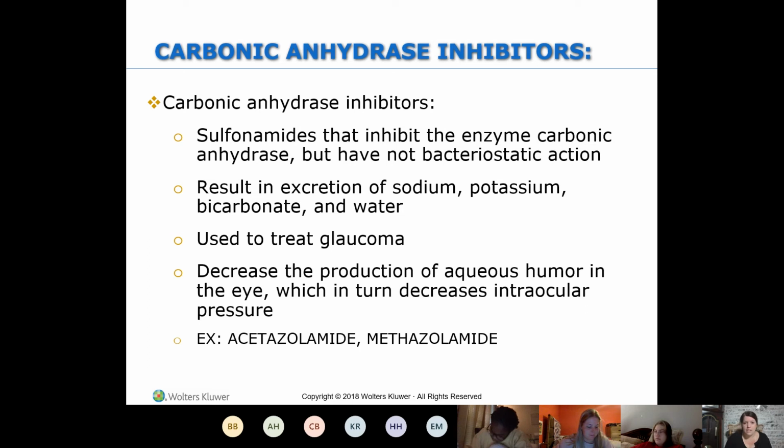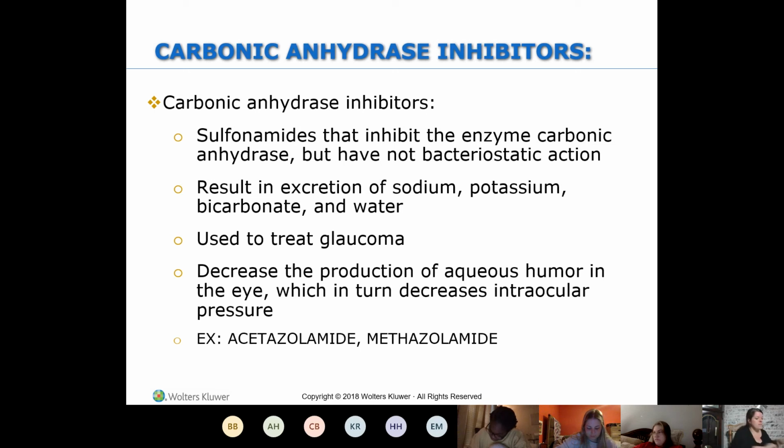The carbonic anhydrase inhibitors kind of work the same way as the others, but they have a different target site. They're targeting the aqueous humor in the eye. Does that kind of make sense to you guys? So they're decreasing pressure behind the eye.